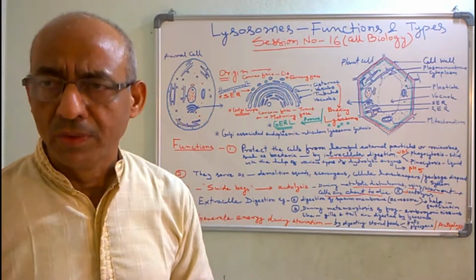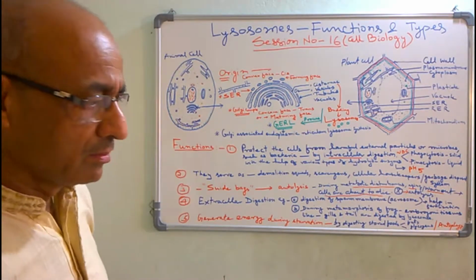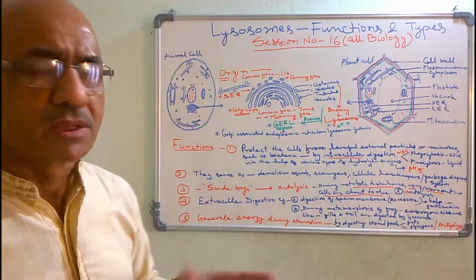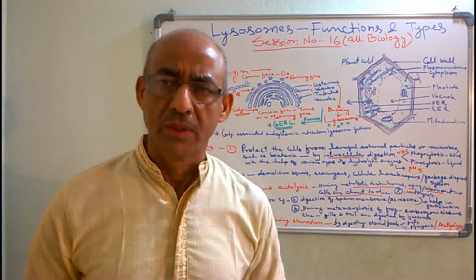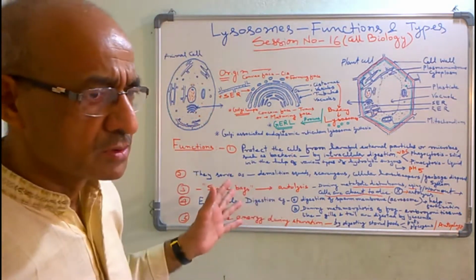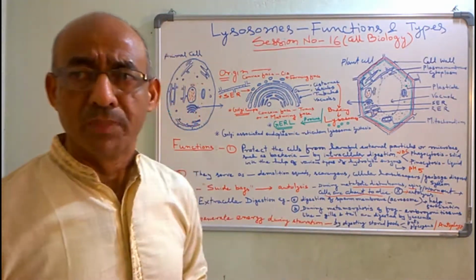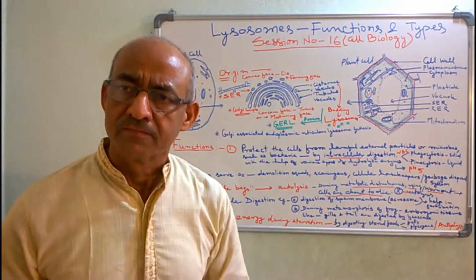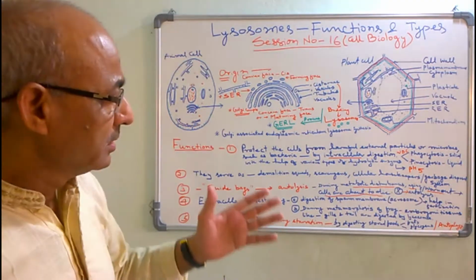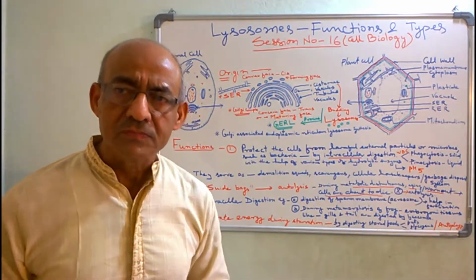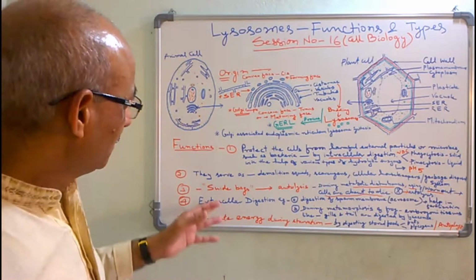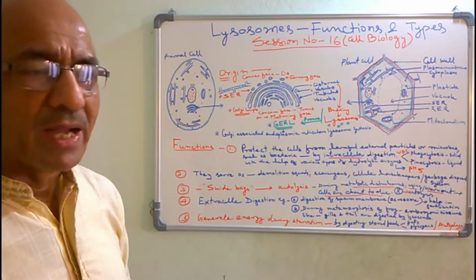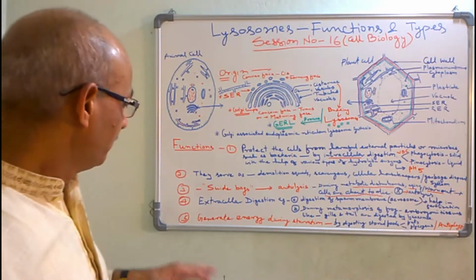In other words, whenever a certain cell is about to die due to metabolic disturbances, wearing out or aging, the lysosomes digest the complete cell by the process of autolysis with the help of their hydrolytic enzymes. And so, again I am repeating, they are called suicide bags inside the eukaryotic cell.